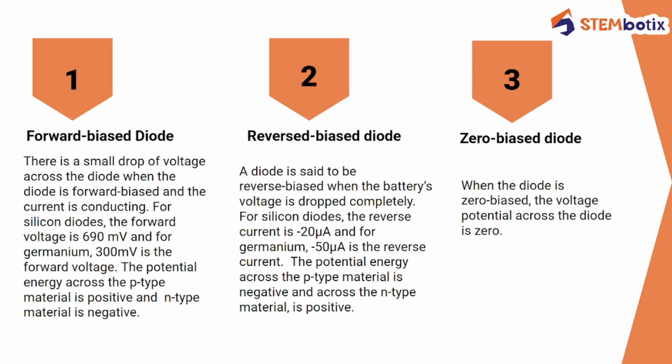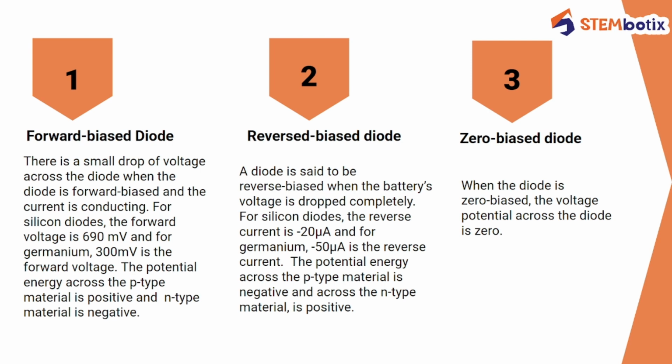While for reverse biased diodes, what happens? A diode is said to be reverse biased when the battery's voltage is dropped completely. For silicon diode, the reverse current is minus 20 microampere, and for germanium, it's minus 50 microampere. The potential across the P-type terminal is negative, and across N-type it is positive.